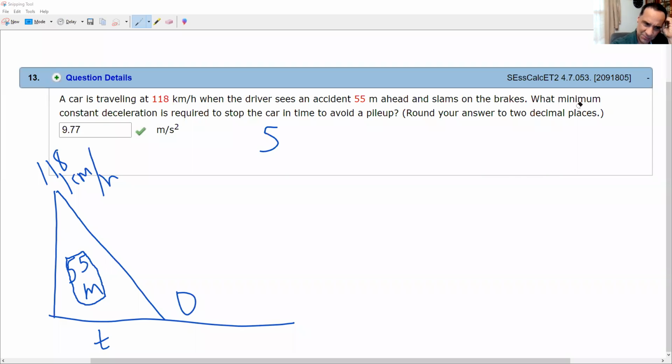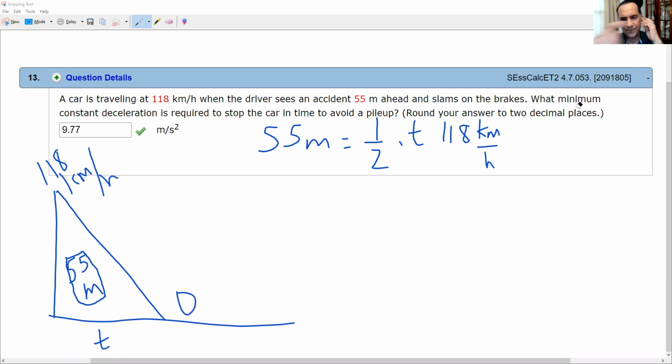So 55 meters is 1/2 of t. Now here's the situation. I have 118 kilometers per hour, but I need to have things in meters. So I have to convert the kilometers to meters.